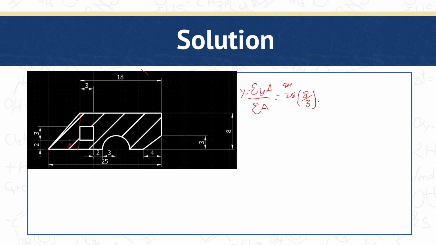Then we repeat the same thing for the large rectangle, so we know the dimensions of the large rectangle are 14 times 8, which is 112. Multiply that by half the height of the rectangle, which is 8, so 8 divided by 2 is 4.